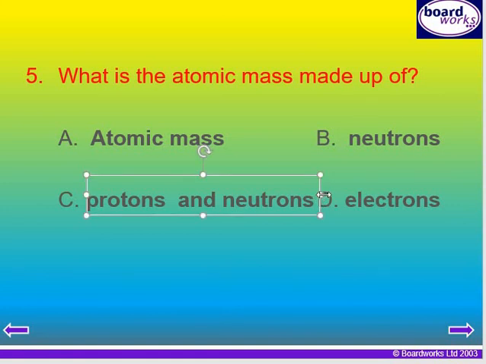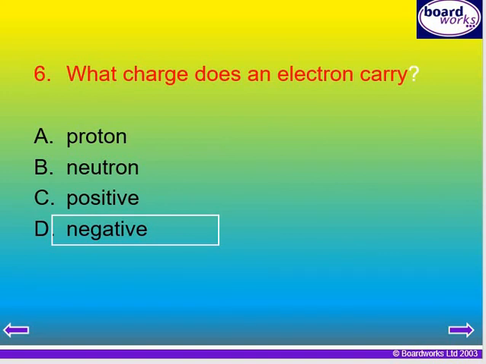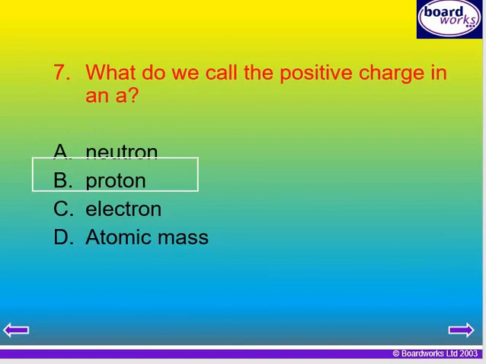Makes up the total atomic mass. Number 6, the electron carries a negative charge. And number 7, what do you call the positive charge in an atom? What do we call it? Proton. Positive proton. Pretty easy to remember.